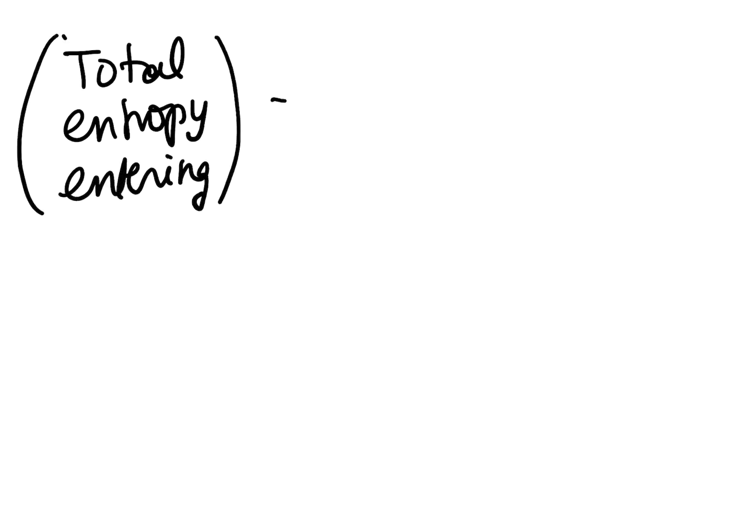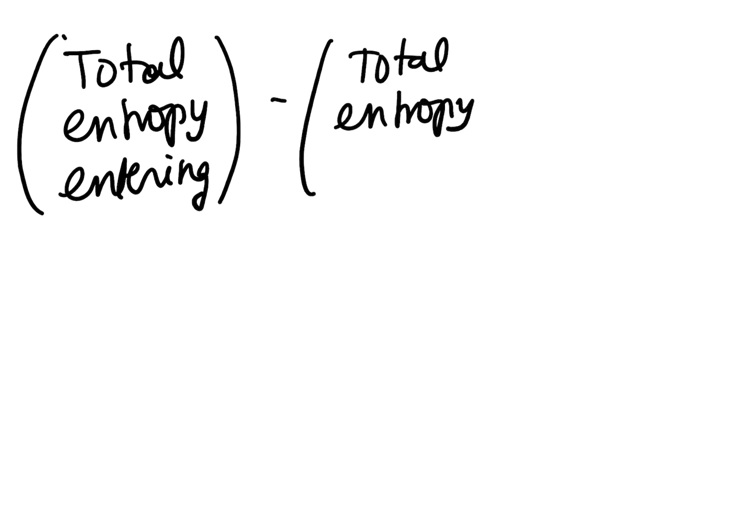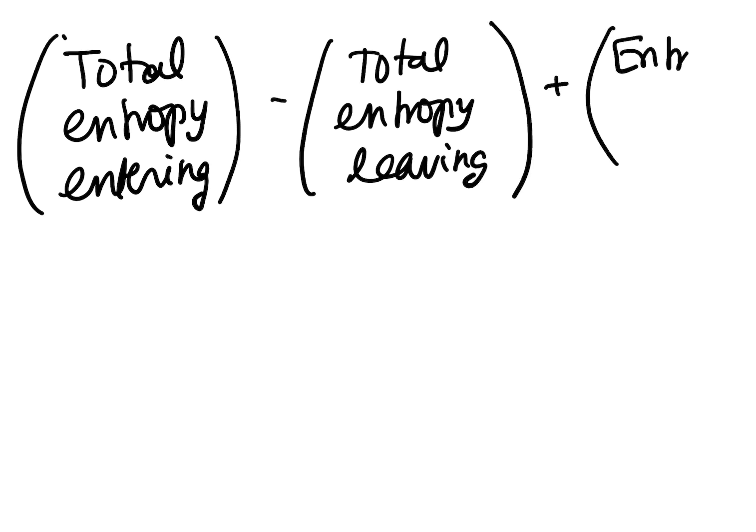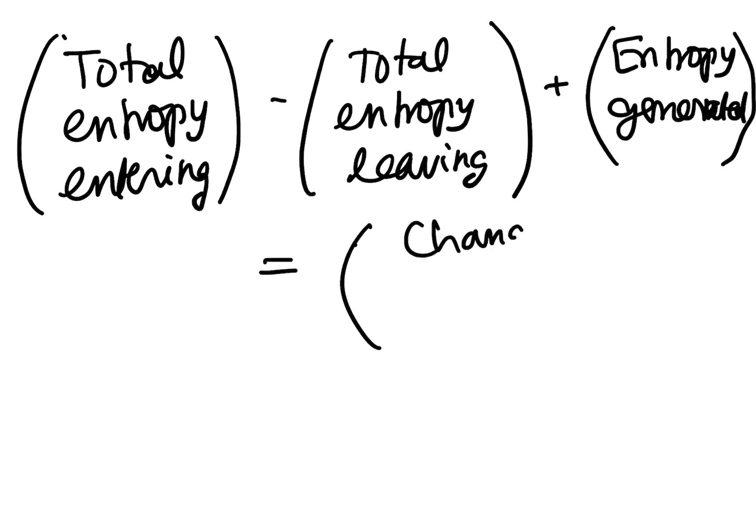So if we write a balance like saying total entropy entering a system minus total entropy leaving the system plus entropy generated, this is the change in entropy of the system.